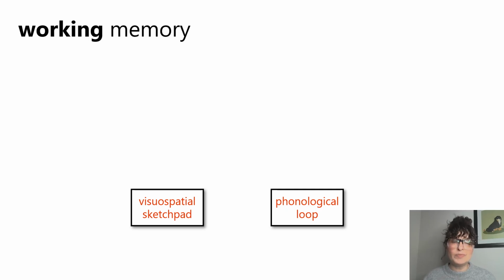So information in working memory is stored in 2 formats. There's the visual spatial sketchpad, which stores information that is visual or pattern based. And then there is the phonological loop, which processes or stores information that is verbal or auditory in nature.